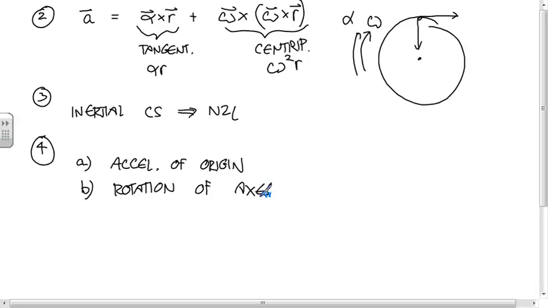A couple people put motion of the origin and rotation of the axes. Well, that's not really enough. The coordinate system can be moving with a constant velocity as fast as you want, and it still is an inertial coordinate system. It's only if the origin is accelerating that it causes problems.